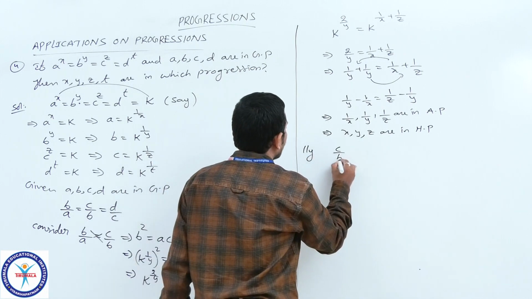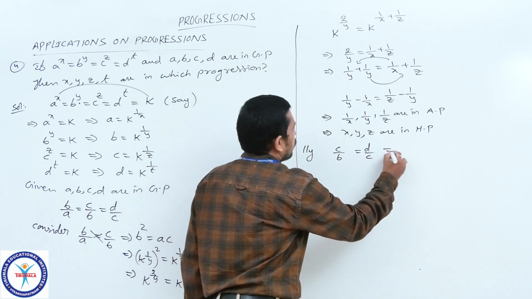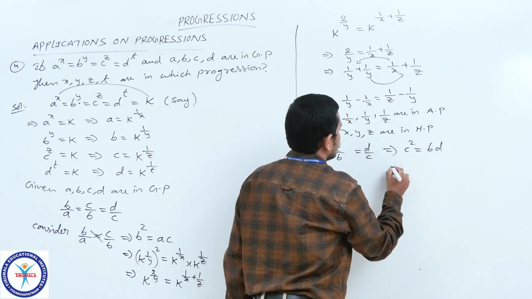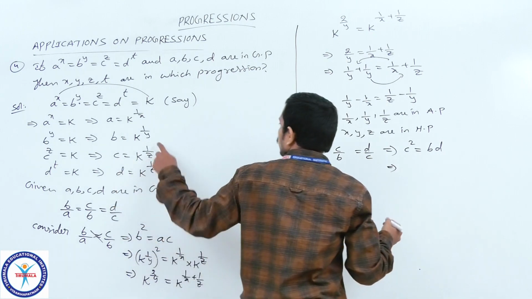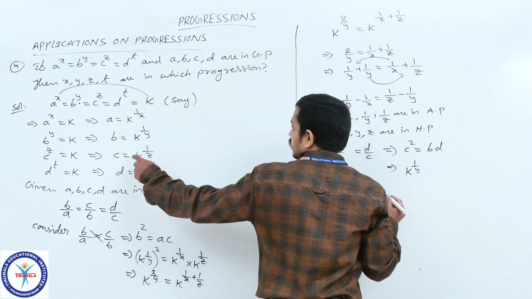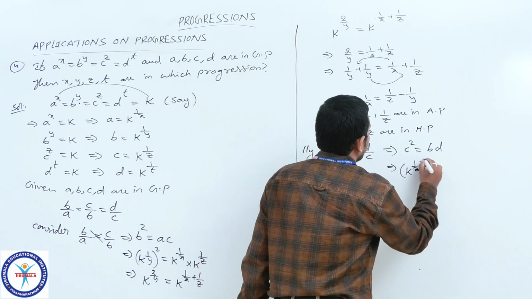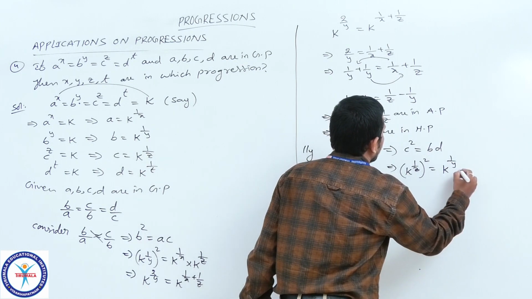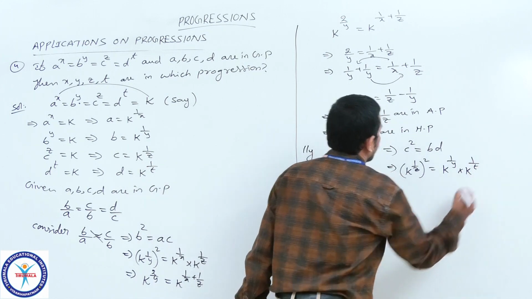c/b = d/c, which implies c^2 = b·d. So what is c^2 here? c = k^(1/z), so (k^(1/z)) whole squared is equal to b, which is k^(1/y), into d, which is k^(1/t).